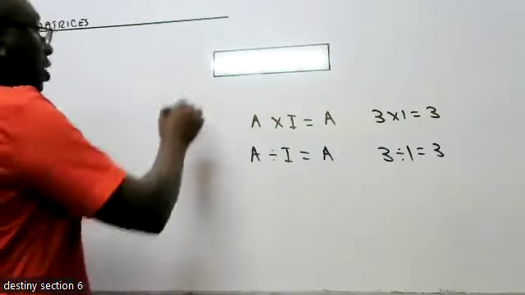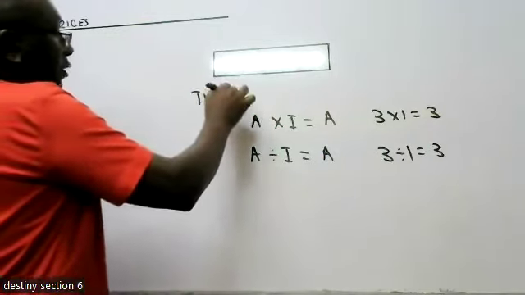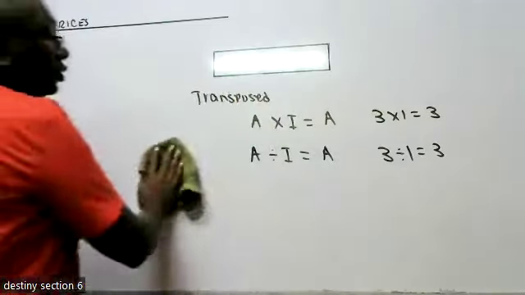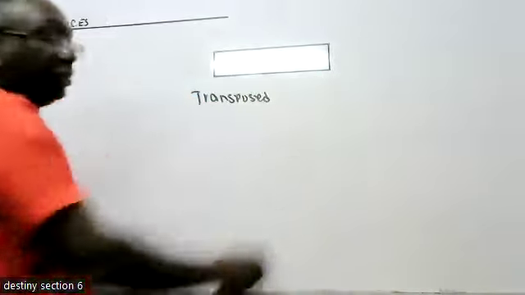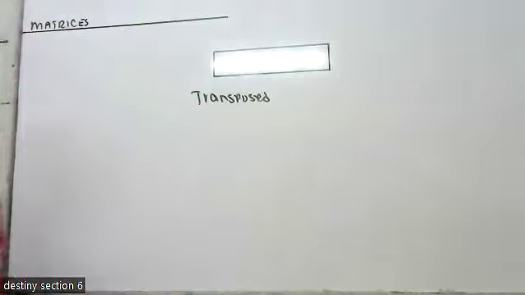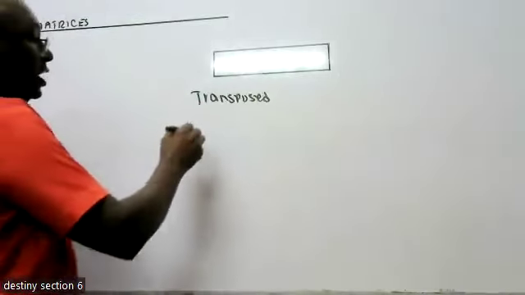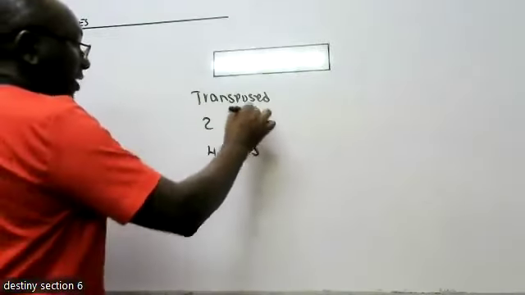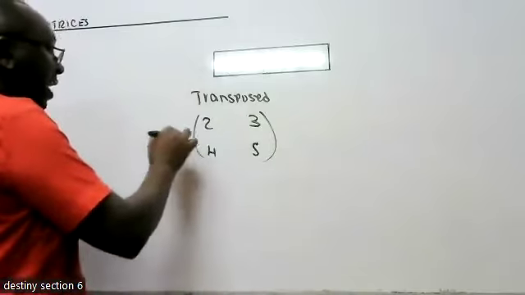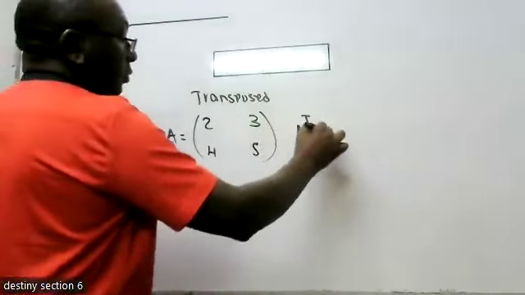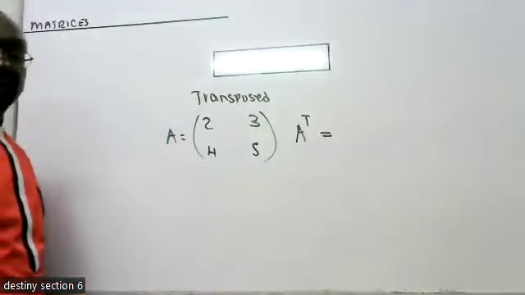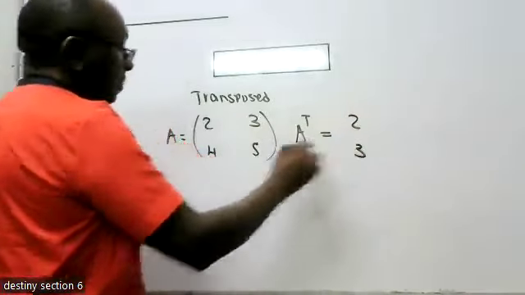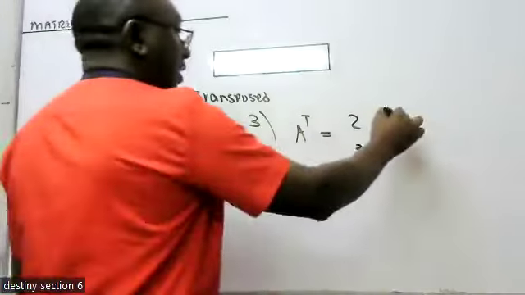The next one is called the transposed matrix. A transposed matrix is a matrix whose rows and columns have been interchanged. So, if you have 2, 3, 4, 5, and this is matrix A, and you are told to get A transpose, A raised to power T, this row here becomes the first column, and this row here becomes the second column.